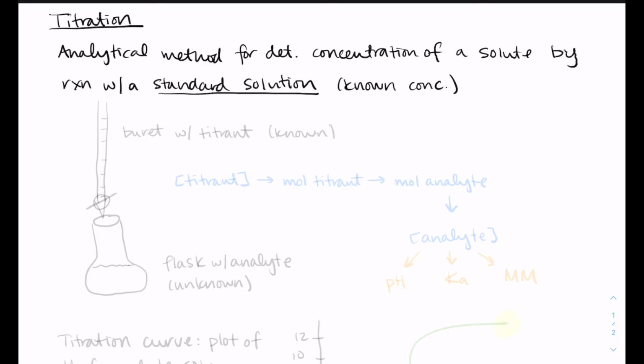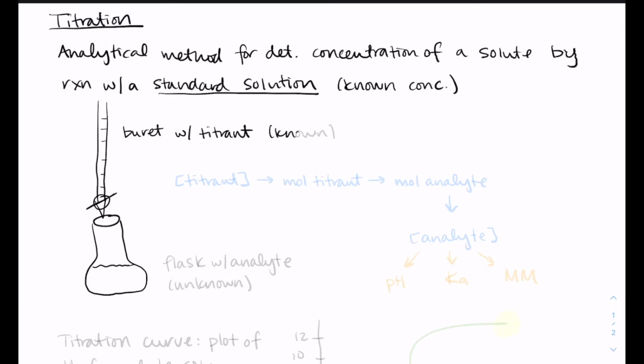What the setup looks like is that you'll have this piece of glassware called a burette. So that's that long, skinny thing that has a little knob and nozzle at the bottom. The titrant is what goes into your burette. You can also do things called back titrations, but for how we're going to set this up from the beginning, the thing that you know will be in the burette.